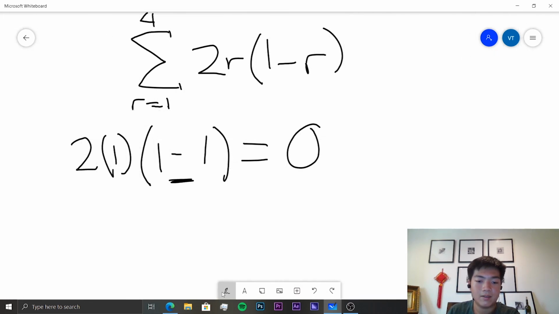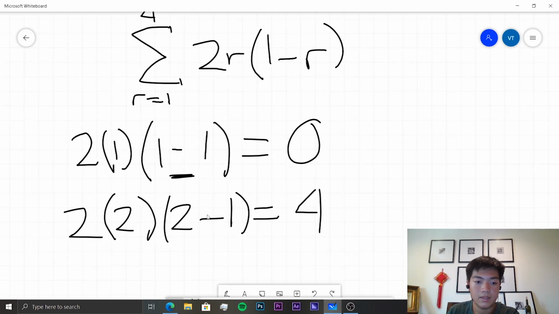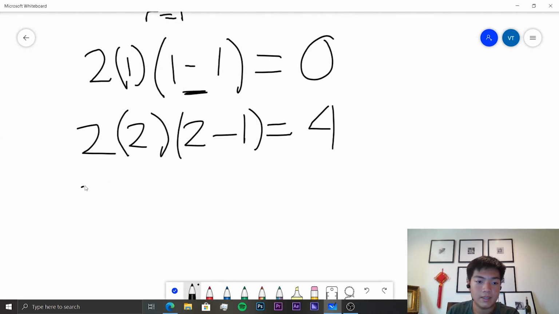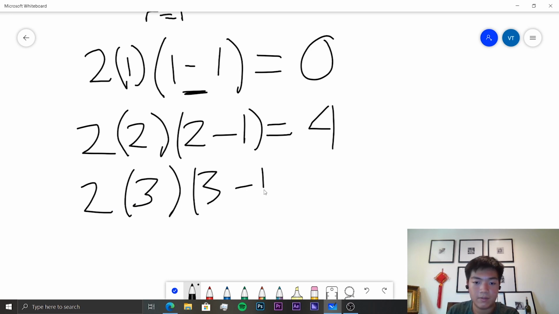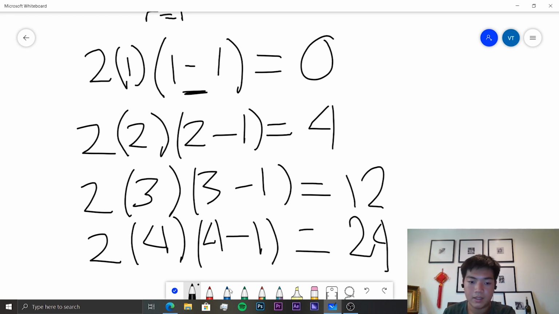Now our second term is 2 times 2 times 2 minus 1, which is equal to 4. Our third term is equal to 2 times 3 times 3 minus 1, which is equal to 6 times 2, 12. And our fourth term is 2 times 4 times 4 minus 1, which is equal to 8 times 3, or 24.